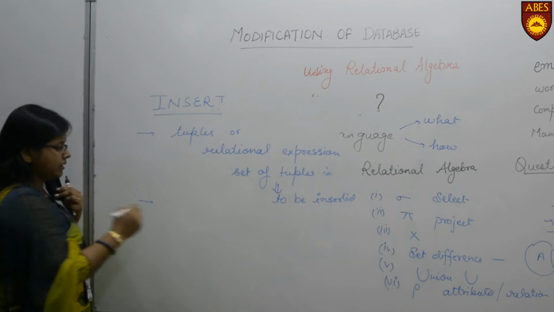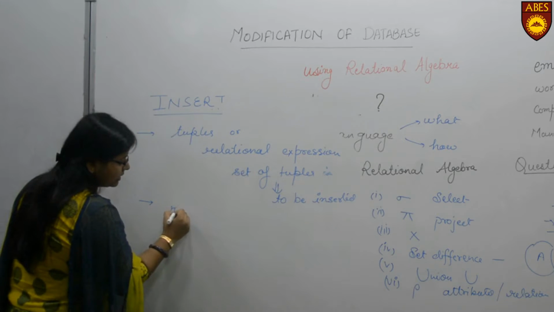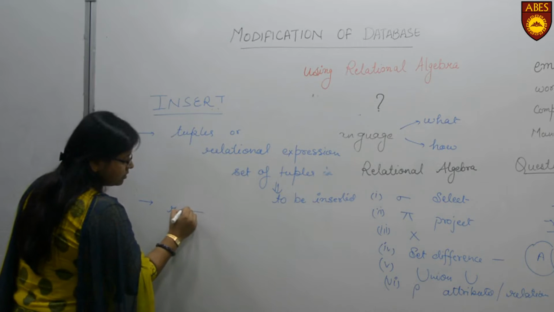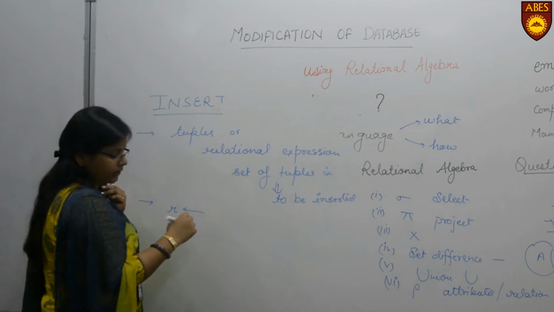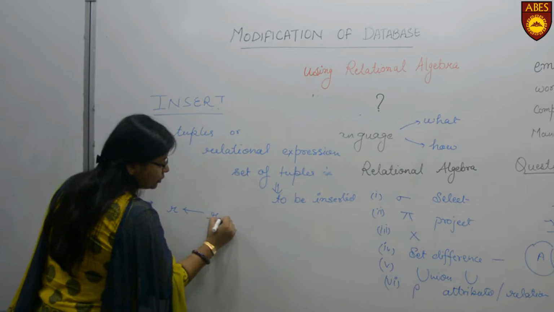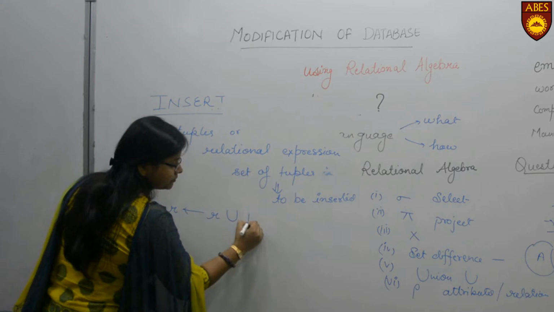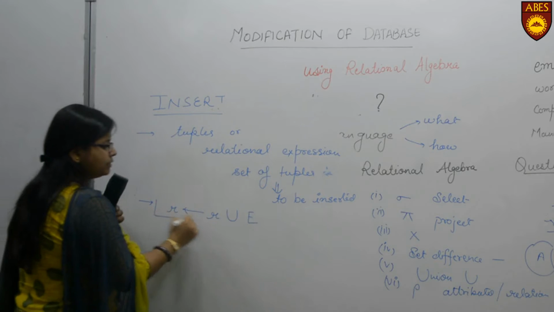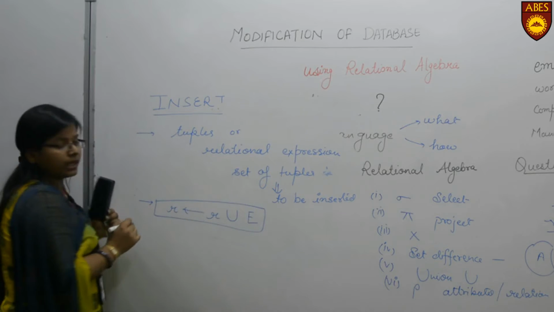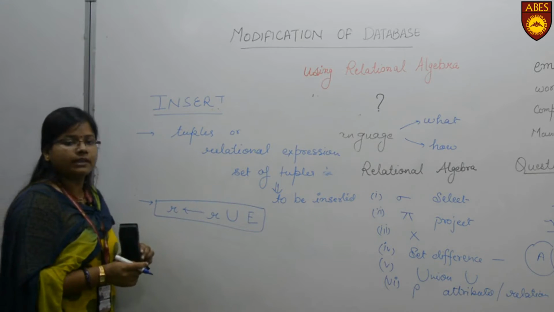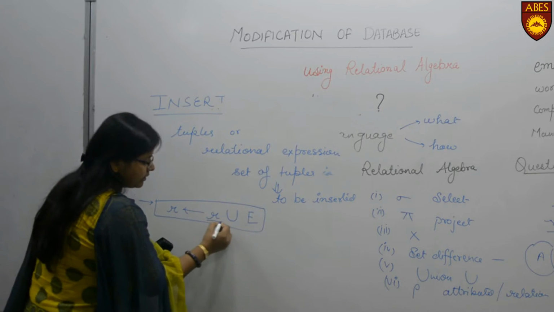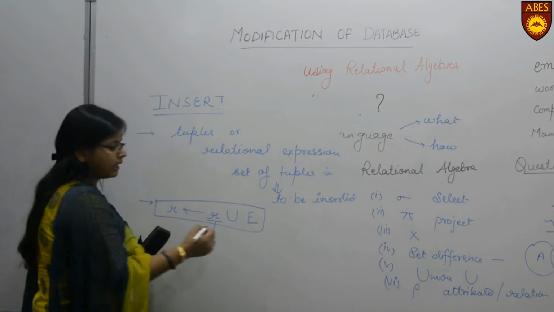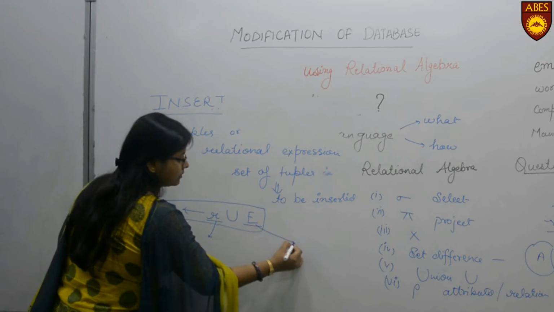You can understand by a simple notation that if R is a relation, I can insert a tuple in a relation R by using the union operator with expression E. So it's a simple syntax to remember how to write a relational algebra query for the insert command, where R is a relation and E is a relational algebra expression.